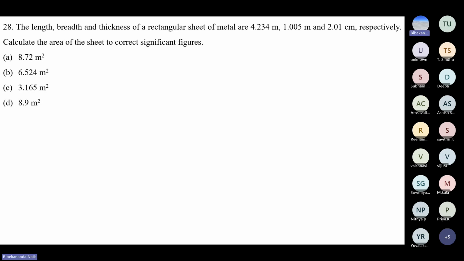We'll be calculating all the 6 surfaces and their surface area. So calculate the total surface area of the rectangular sheet and tell me what the answer will be, corrected to the right number of significant figures.